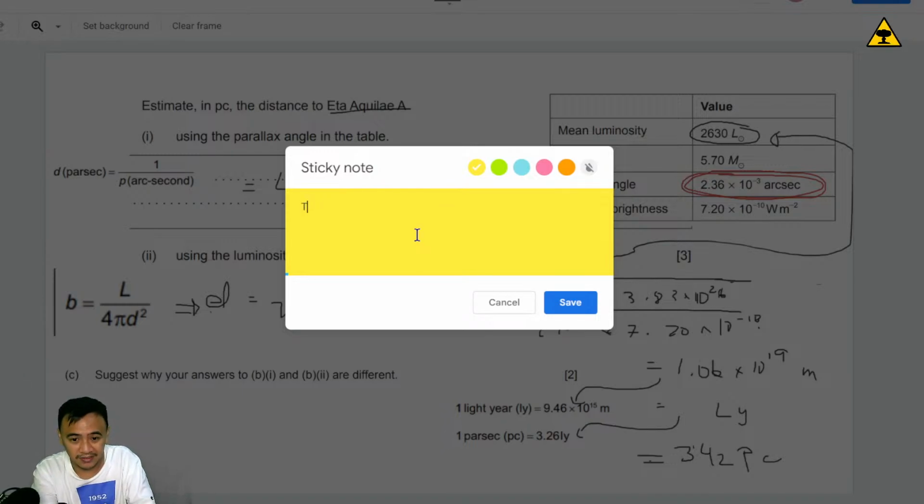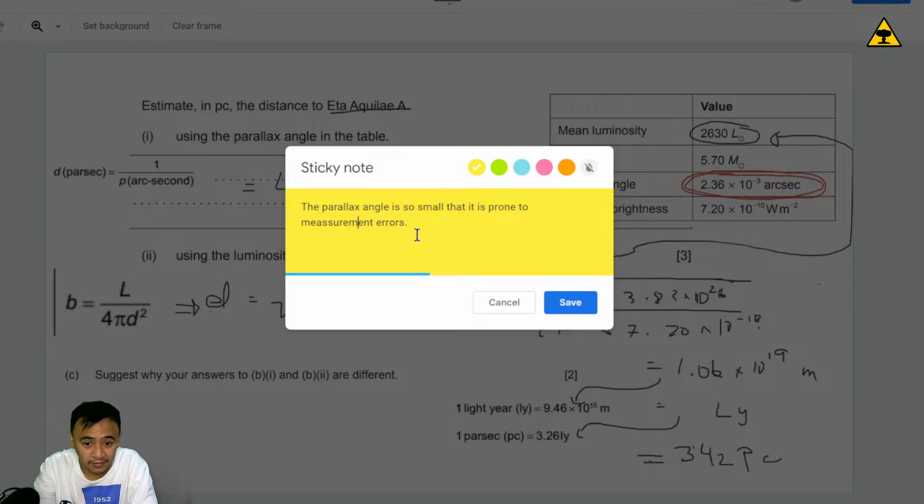The parallax angle is so small that it is prone to measurement errors. That's it. Okay?